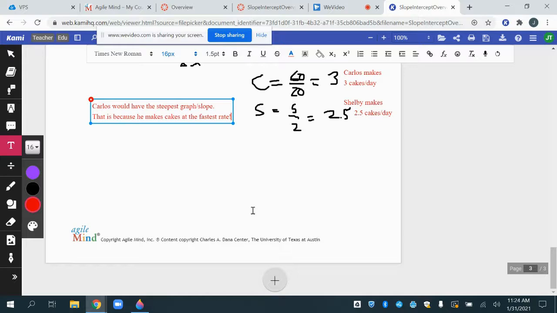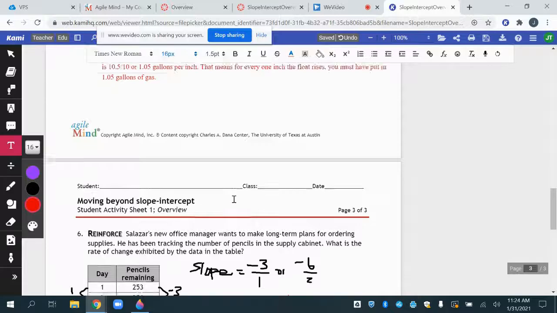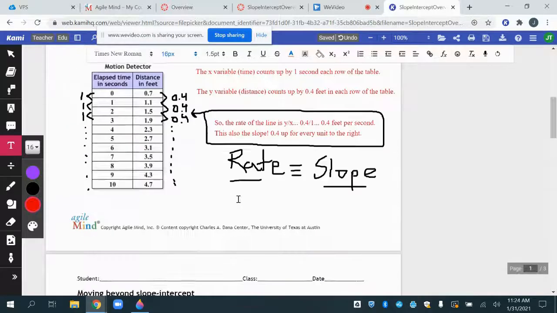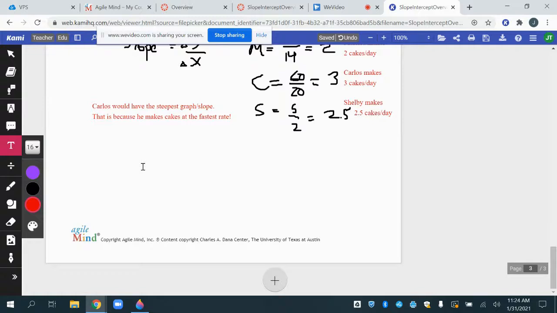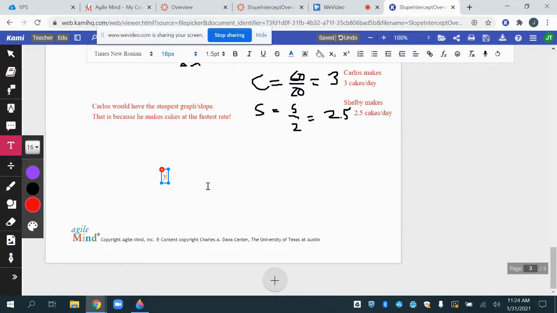Right, and that's what we're going to have for this assignment. So make sure you turn this in. I hope that this is really easy and you're just rolling your eyes because it's so simple, because this is just review, okay? I want you to understand we're going to be talking about y equals mx plus b in the next section.